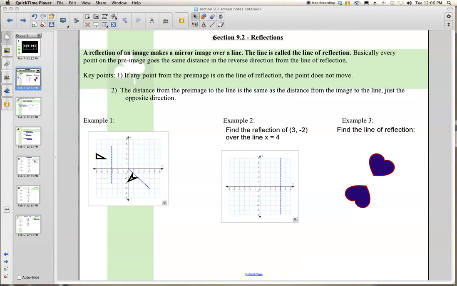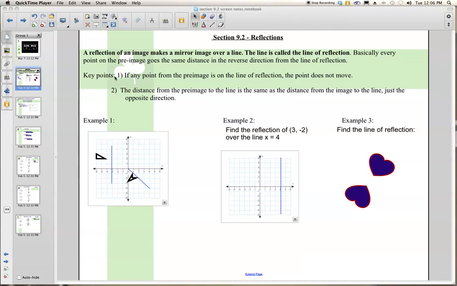What basically happens is that you take every point on the pre-image, on the original, and it sits the same distance from the line, but in the reverse direction.